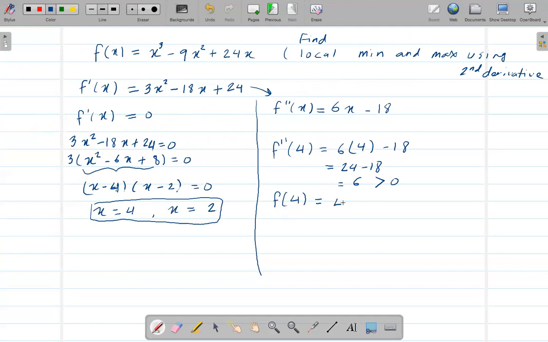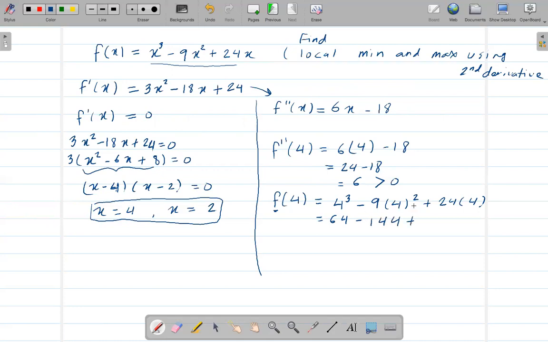That point will be 4 to the power 3, because I'm using the f function. So 4 to the power 3 minus 9 times 4 to the power 2 plus 24 times 4. 4 to the power 3 is 64. 16 times 9 is, well, that's negative, so 144.